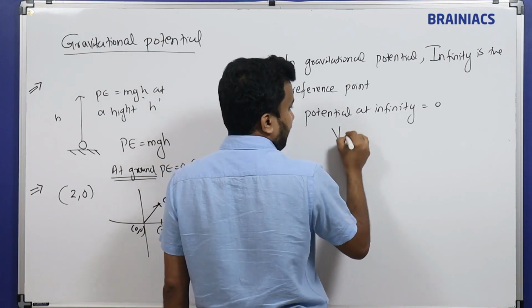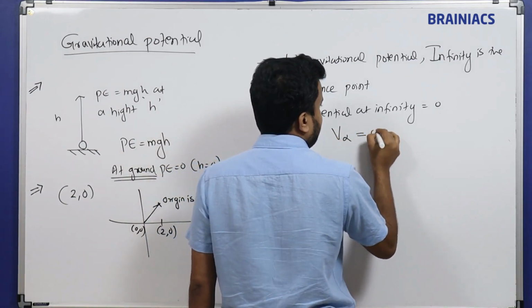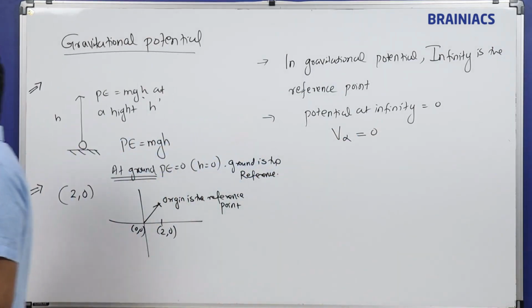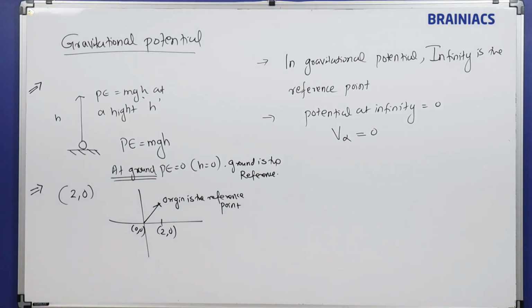Another way we will write: V at infinity is equal to 0. So potential at infinity is equal to 0. That is the reference point.